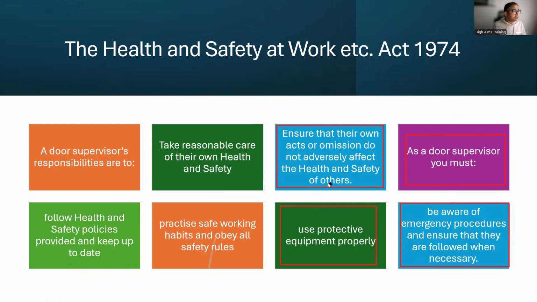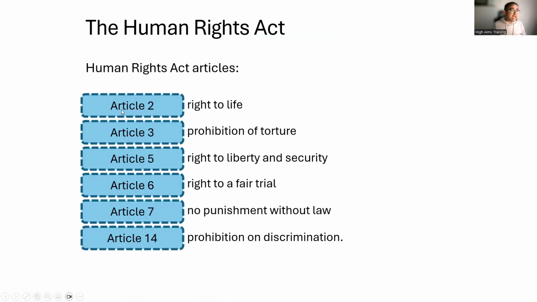Not just the Health and Safety at Work Act, we have the Human Rights Act. Now, the Human Rights Act's Article 2 gives everyone the right to life. Article 3 prohibits anyone from being tortured. Article 5 gives us the right to liberty and security.